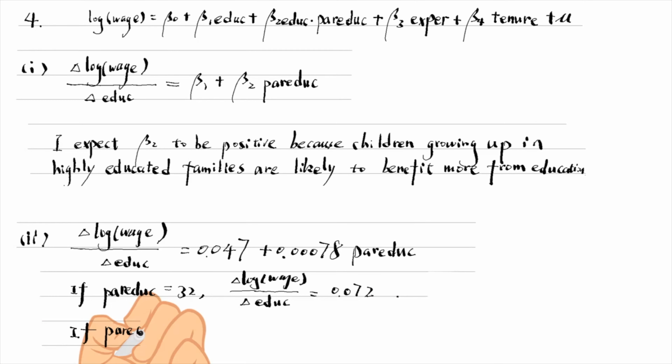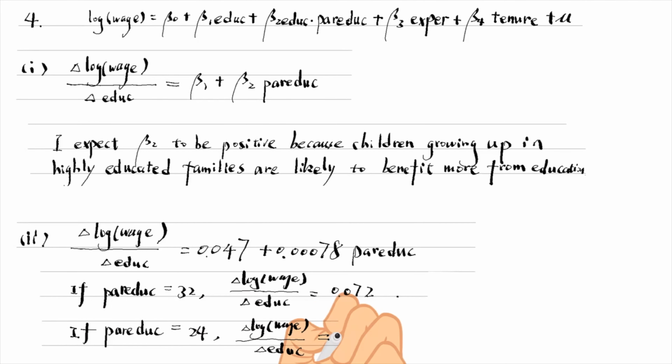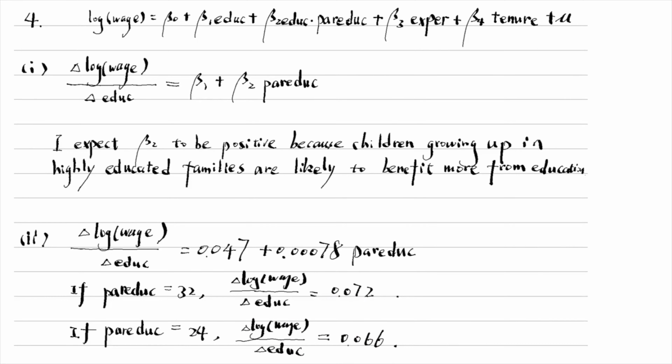If the parents' education is 24, the estimated return to education is 0.066. It implies if the individual has both high school graduate parents, the individual's wages are expected to increase by 6.6% for one more year of her own schooling. The expected return to education increases with their parents' education.